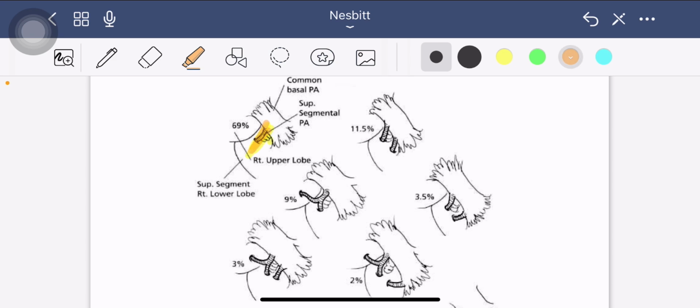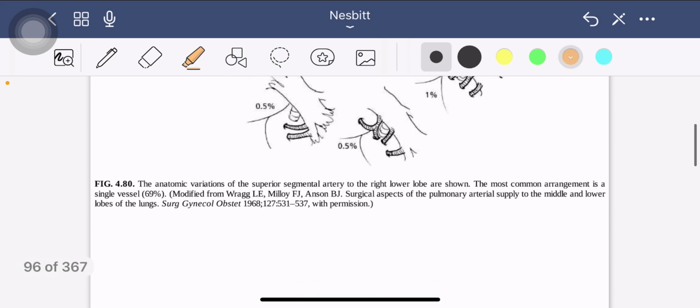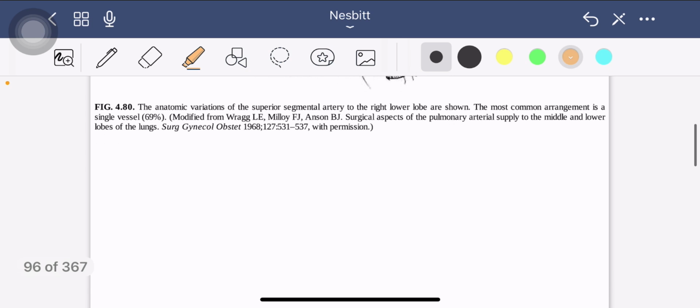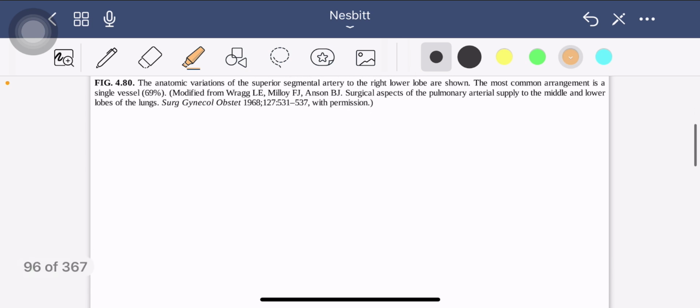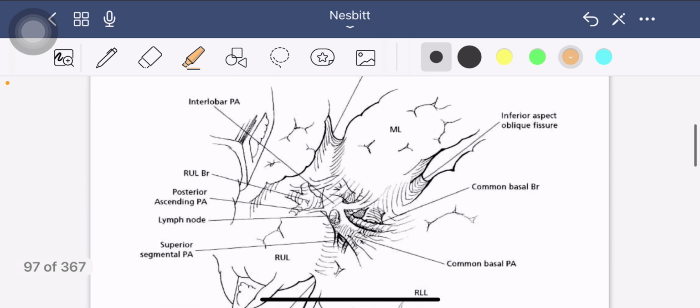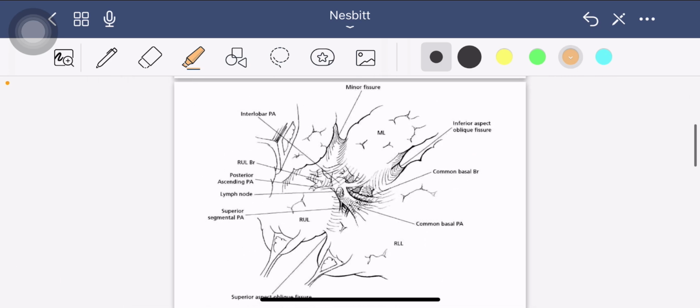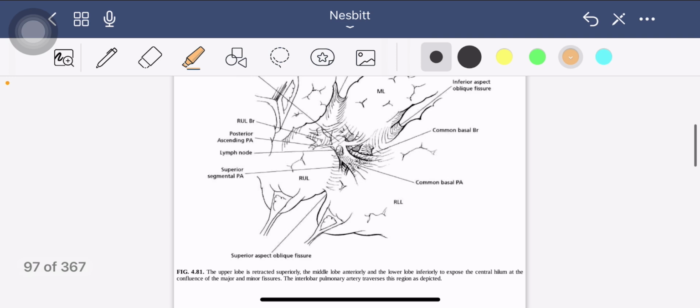So, anatomical variation of the superior segmental artery to the right lower lobe: the most common arrangement is a single vessel, in 69%.